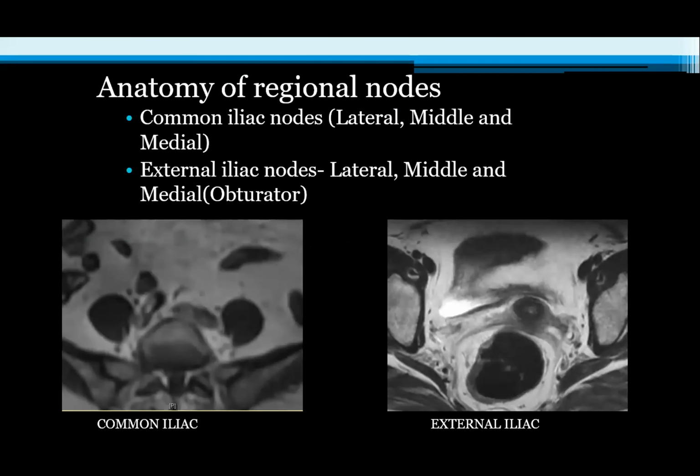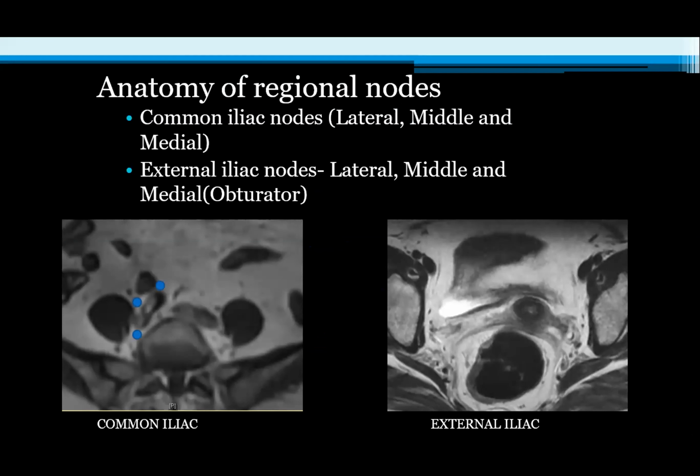Now the anatomy of the nodal region. There are three types of nodes in the pelvis. The first category is common iliac nodes. Common iliac nodes can be divided further into lateral, middle, and medial common iliac subgroups.